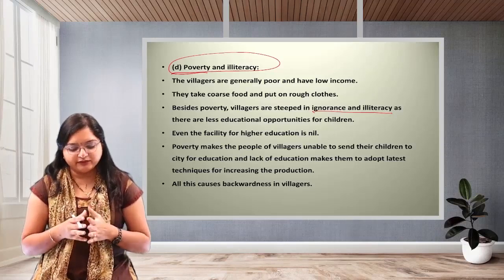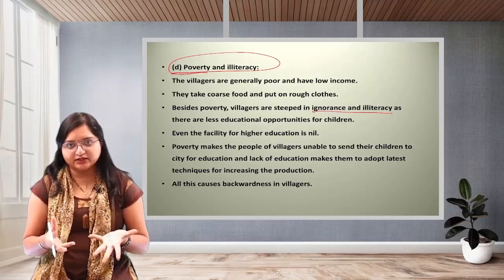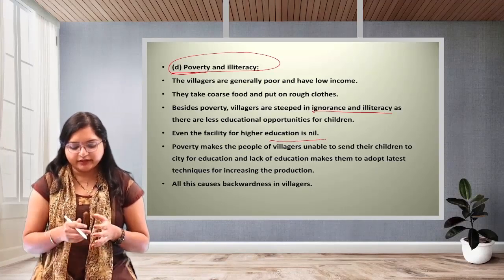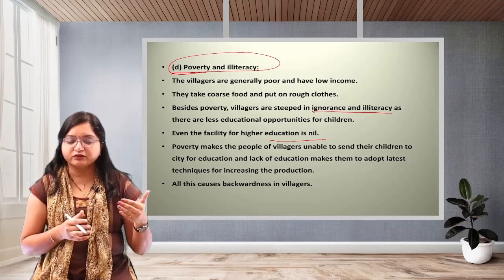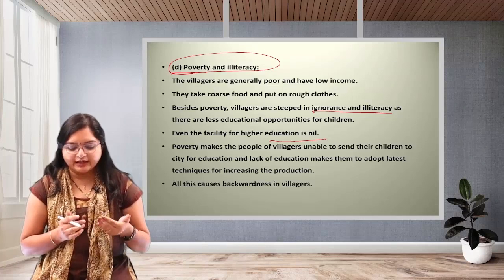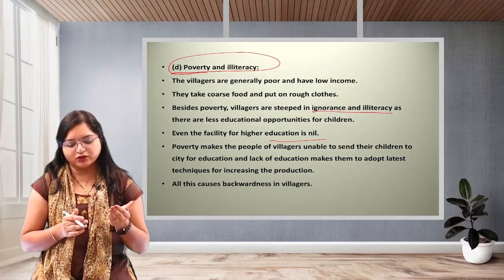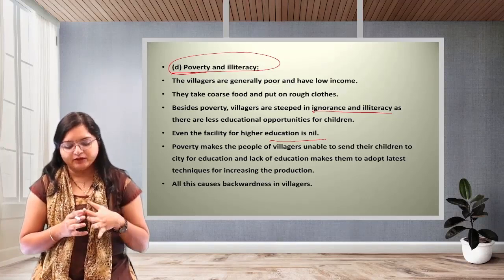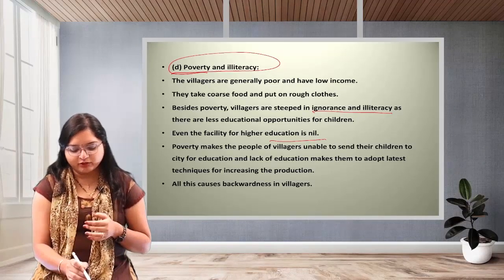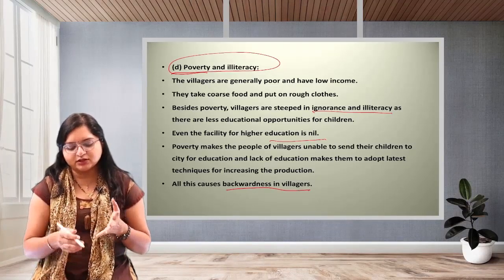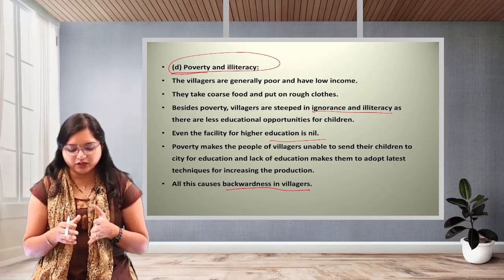Even the facility for higher education is nil in the village areas. Poverty makes the people of villages unable to send their children to the city for education, and lack of education makes them unable to adopt the latest techniques for increasing production. So all this causes backwardness in villages. So this is another characteristic of the village community.